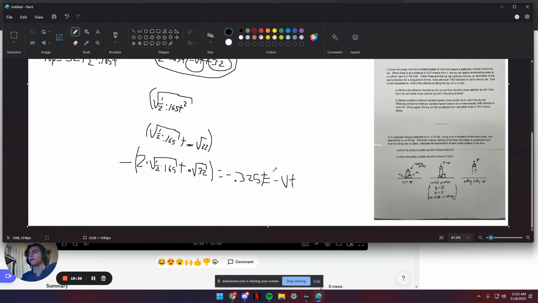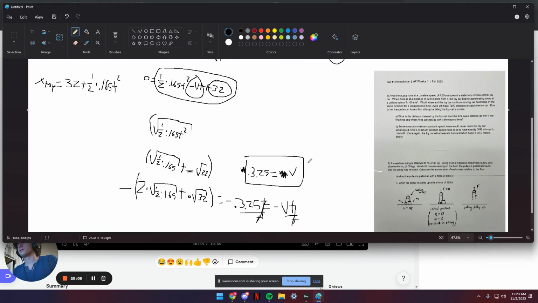They both have t in them, so we can divide both sides by t, cancel that out. So negative 0.325 is equal to negative v. Again, we can multiply by negative 1, take out that negative, and we get the velocity. Velocity is equal to 3.25.